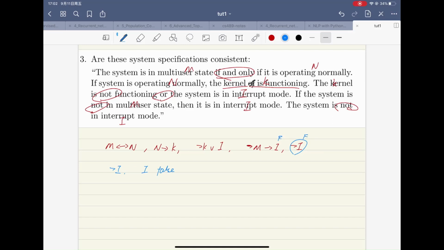Where's I? We have I here and I here. So in not K or I, if I is false, then the not K must be true. Then K must be false, right?